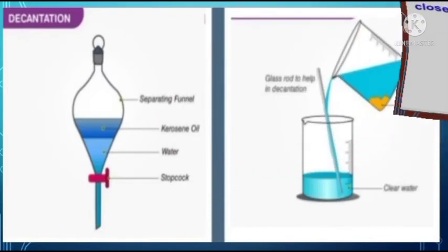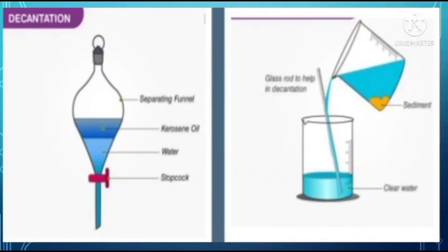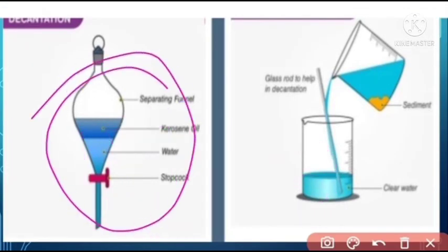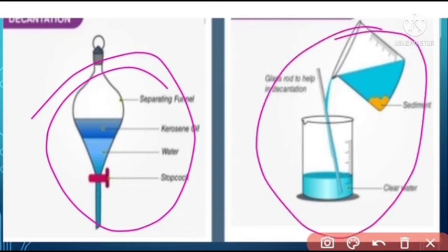Different separating funnels are available. This method is a laboratory and industrial method. It is used in ordinary labs and domestic settings. The sediment particles settle near the bottom of the mixture. One liquid is poured into another container.